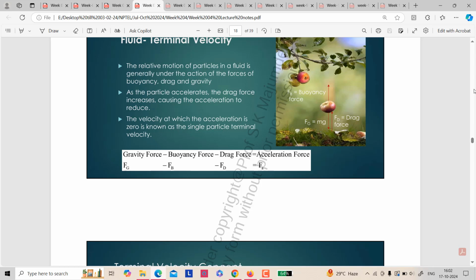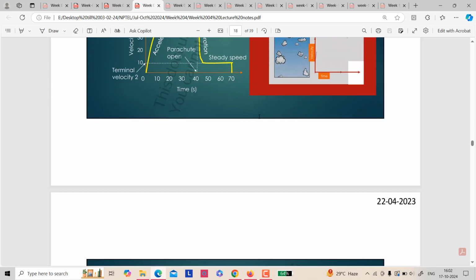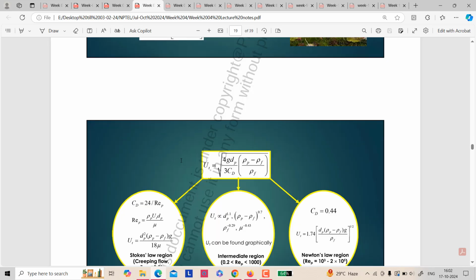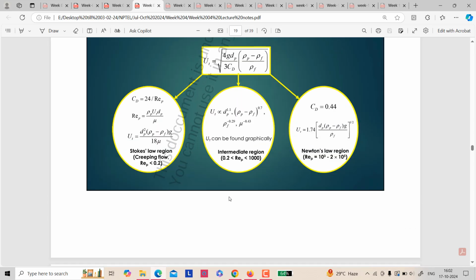The forces applied on the surface of the particle are gravity force, buoyancy force, drag force, and acceleration force. Gravity force acts downward, but the drag force and the buoyancy force act upward. So the difference between these two and the gravity force is the final acceleration force applied on the particle. This is the expression, these are the individual expressions, and they are calculated for different Reynolds number regions.